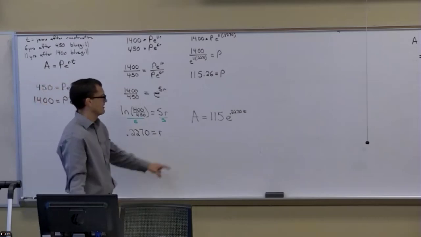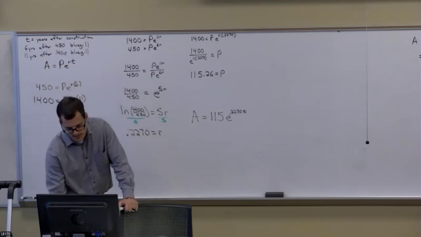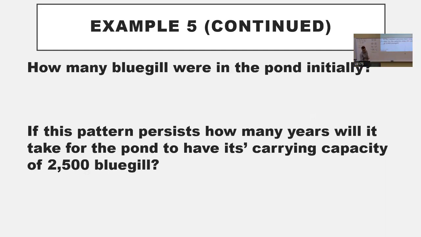And that's one of the reasons I use the whole number here rather than the rounded version. Okay, so there's the equation of bluegills in the pond T years after construction, assuming exponential growth.